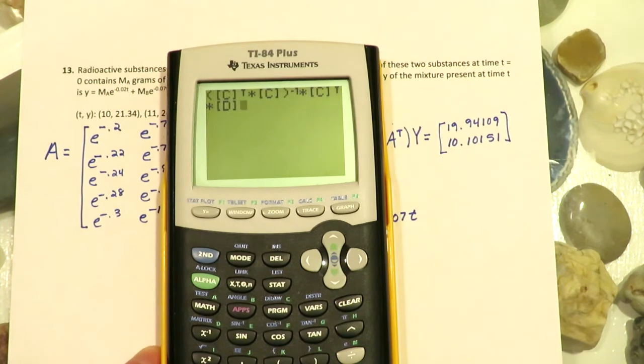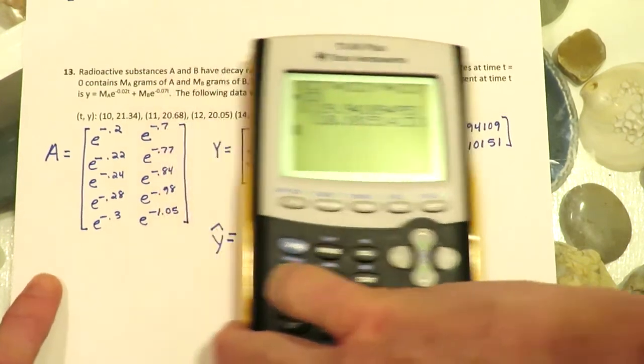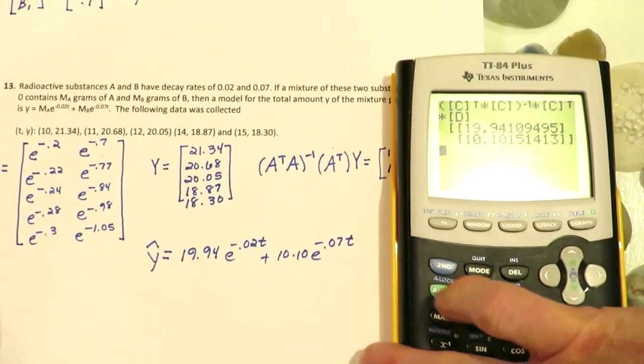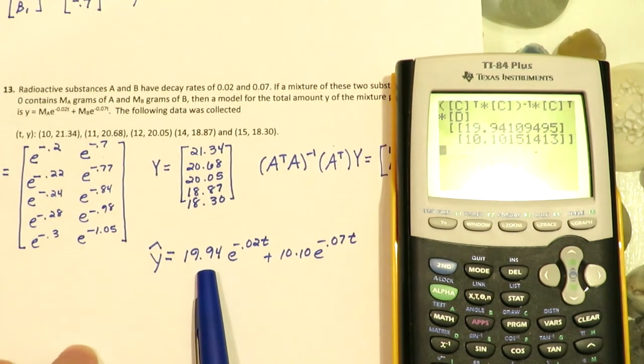That was D, and I get these coordinates. So those again are the coefficients for my linear combination.